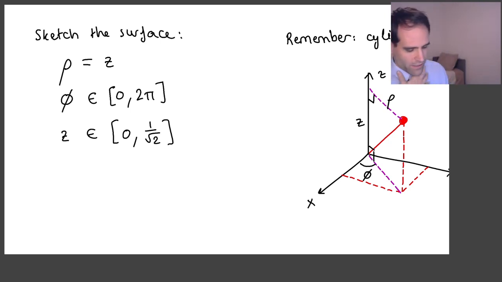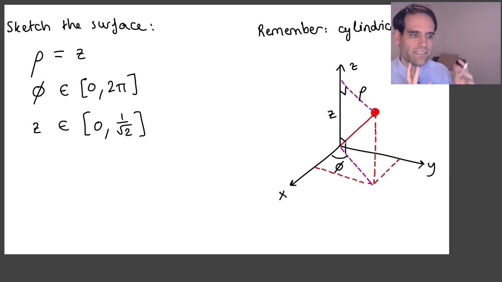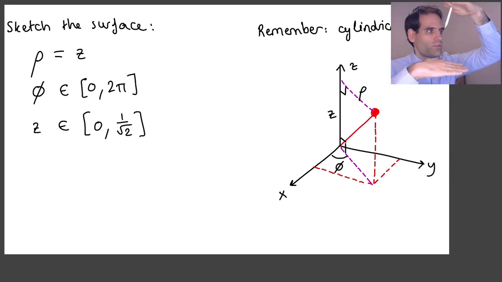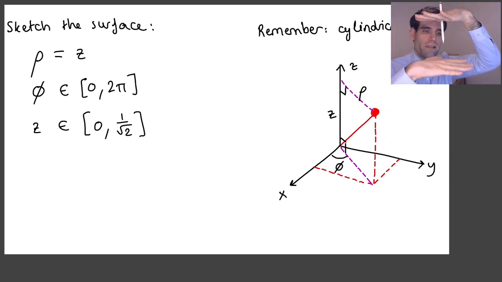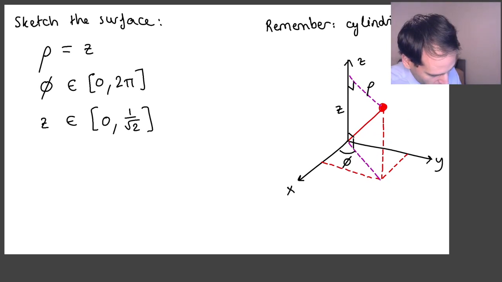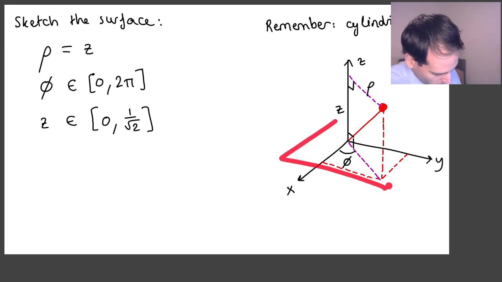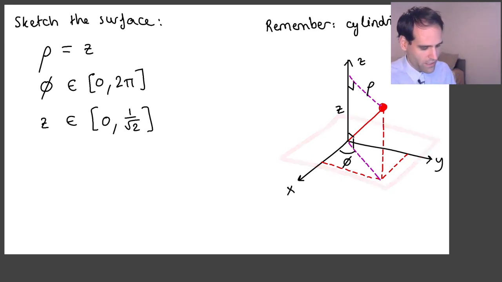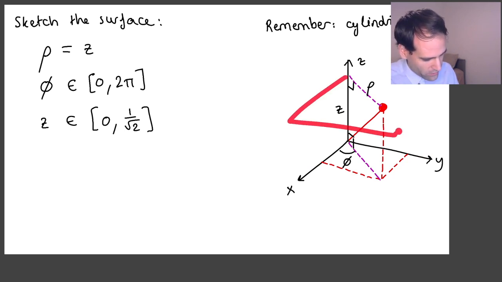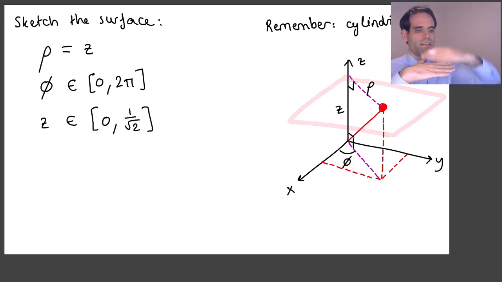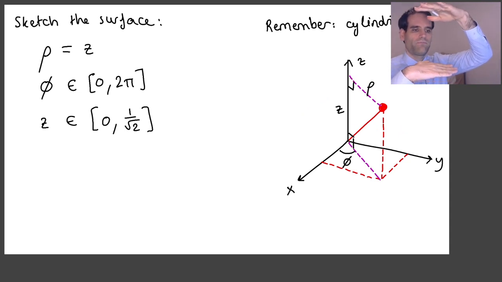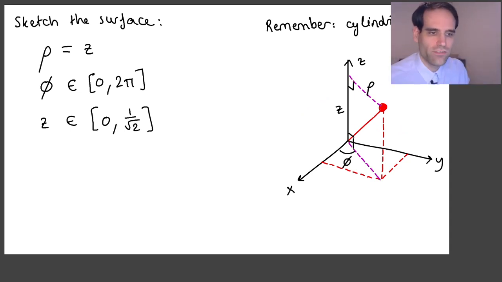Now z changes between z equals 0 and z equals 1 over square root of 2. So our surface must be contained between two planes. The bottom plane is z equals 0, which is this xy plane here, and the other plane, higher up, is z equals 1 over square root of 2.